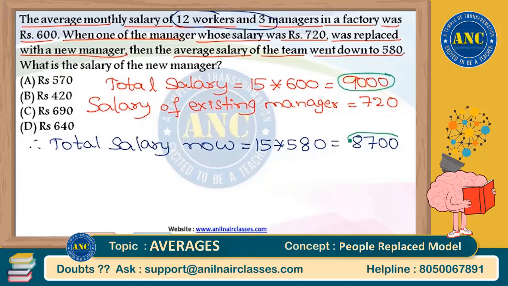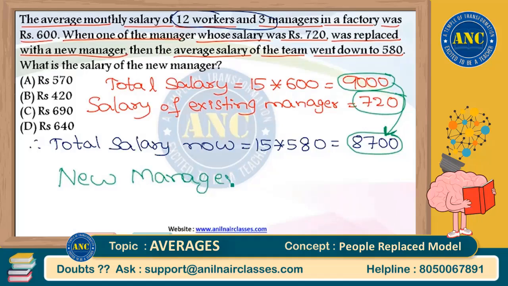When the new manager came, total sum is 8,700. That means the new manager is getting 300 rupees less than the old manager. Old manager was getting 720 rupees. So new manager salary will be 300 rupees less than 720, which is nothing but 420. Answer for this question is 420 in my method 1.